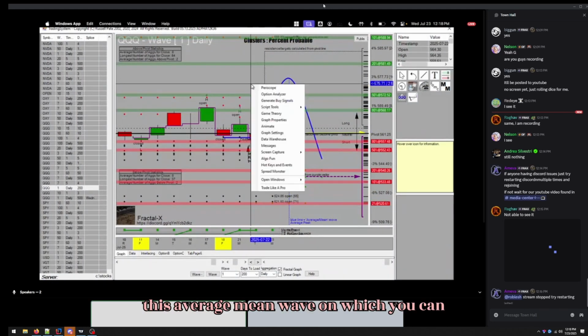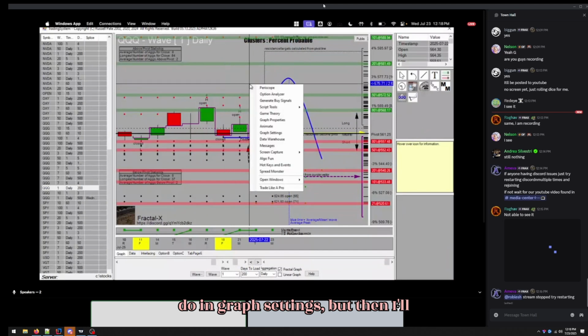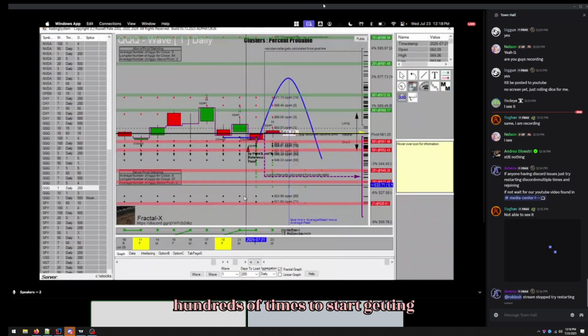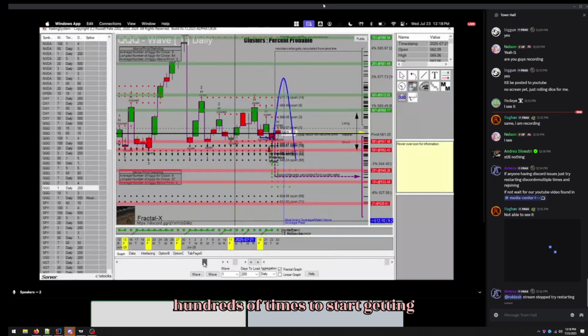So I have this average mean wave on, which you can do in graph settings, but then I'll look over and see where we've hit according to the probability bands. Just kind of get a read on this. You've got to look at this hundreds of times to start getting used to it.